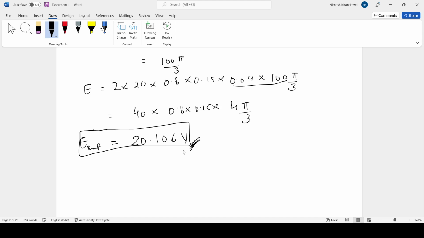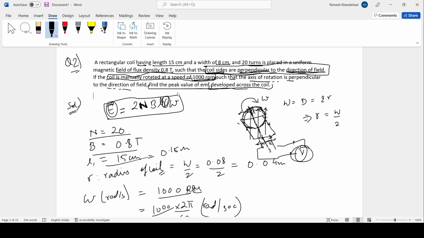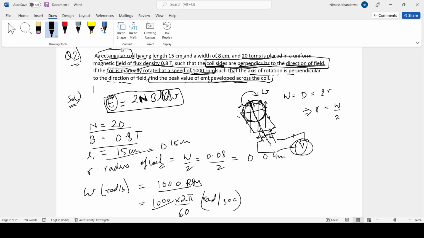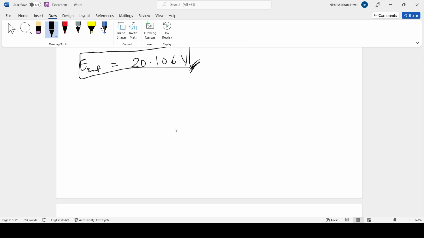So basically this is how you calculate back EMF for a given coil that is approximated as a rectangular coil. I don't think you will have any problem till now. If you have, you can just stop me and we can discuss.